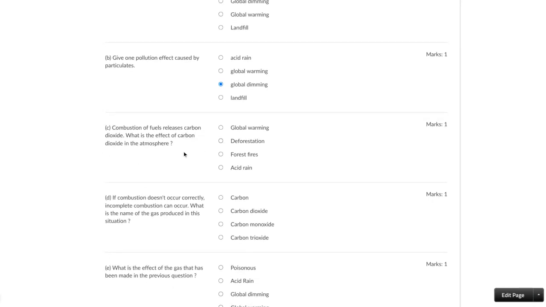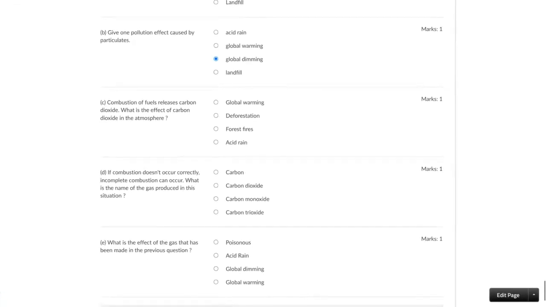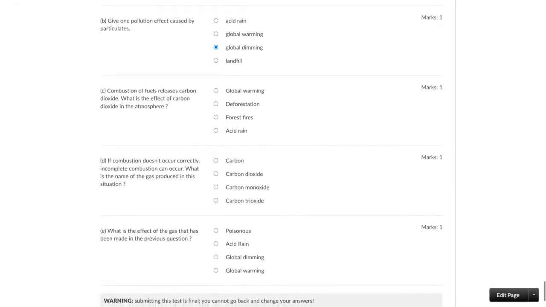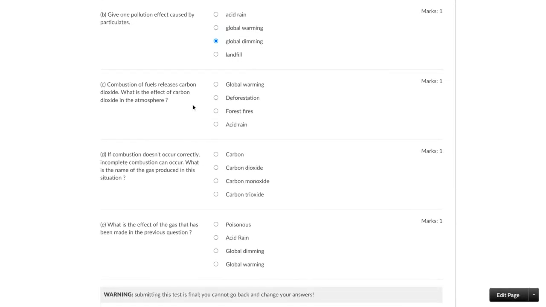We're obviously changing the levels of carbon dioxide because of combustion of fuels, and the effect of carbon dioxide in the atmosphere, as we know now in various subjects, is global warming. It forms a nice protective blanket over the Earth, but unfortunately that's not so good for releasing the heat, and ultimately we are warming up the planet by the release of carbon dioxide into our atmosphere.